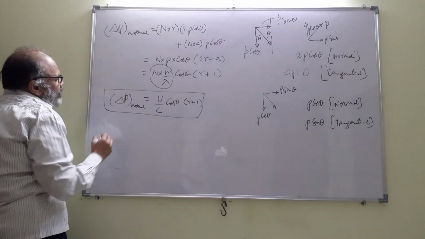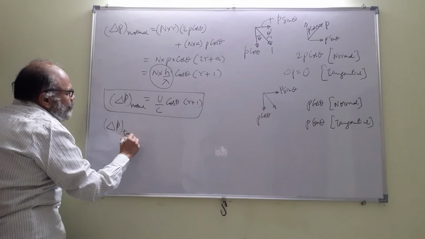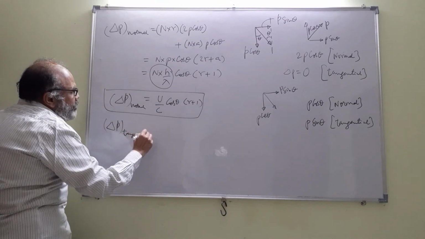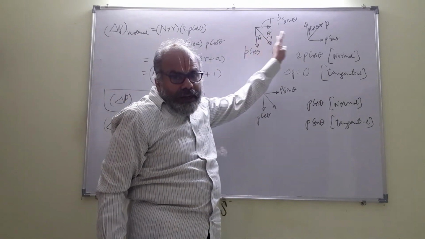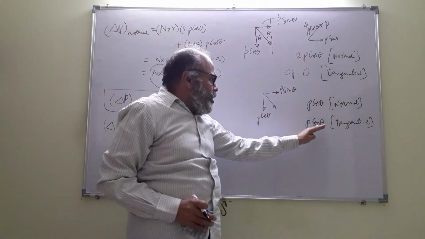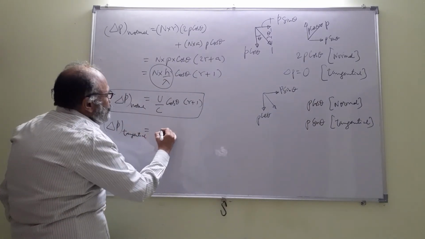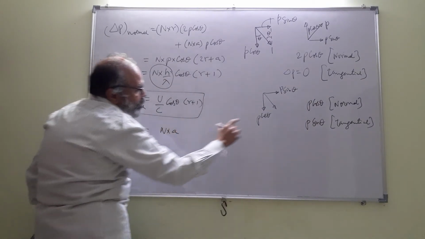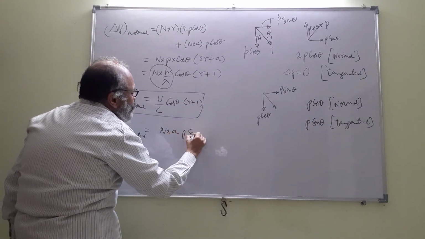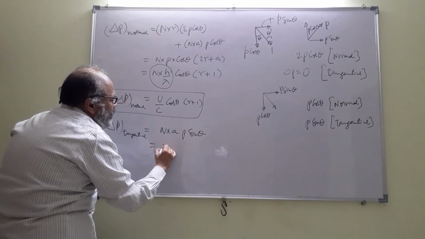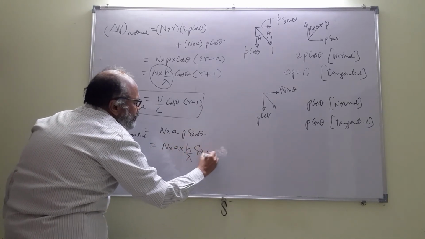What is the change in momentum in the tangential direction? In the tangential direction, there is no change in momentum for the reflected photons. There is change in momentum only for the absorbed photons. So delta P tangential would be n into A into p sin theta. That is n into A, p is h by lambda, into sin theta.